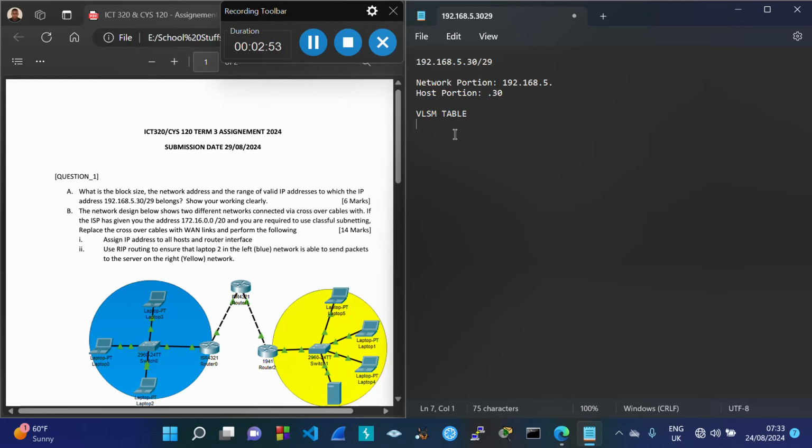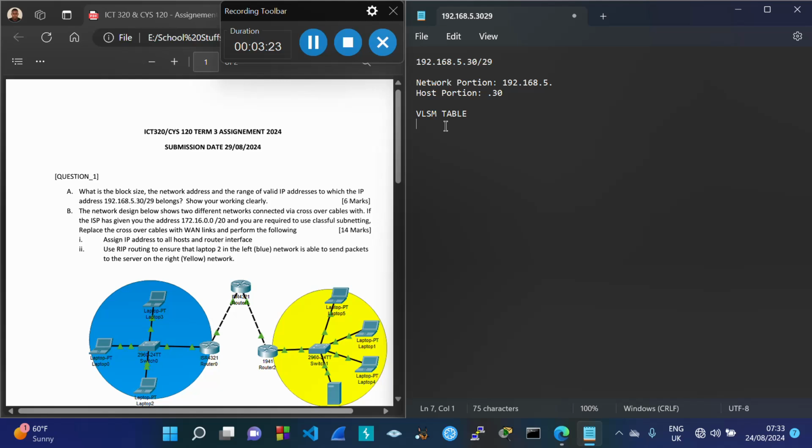There are two types of subnetting. We have static subnetting, which is classful subnetting, where we don't change the block size when coming up with the number of subnets. Under variable length subnet mask, or dynamic subnetting, known as classless subnetting, we keep changing the block size.